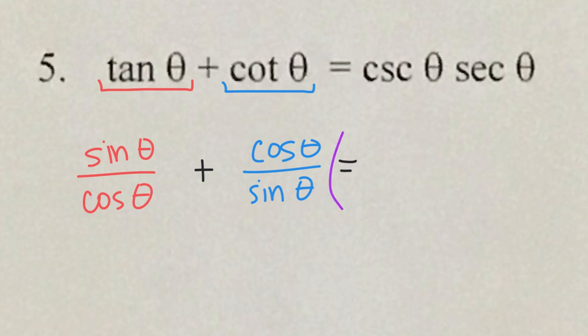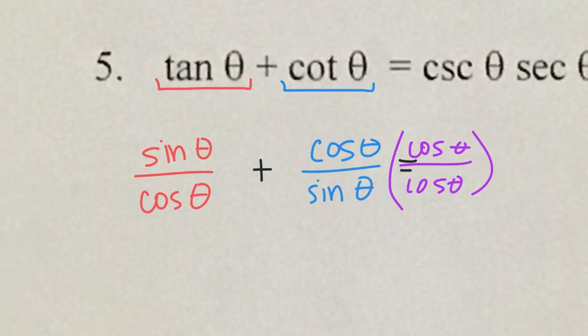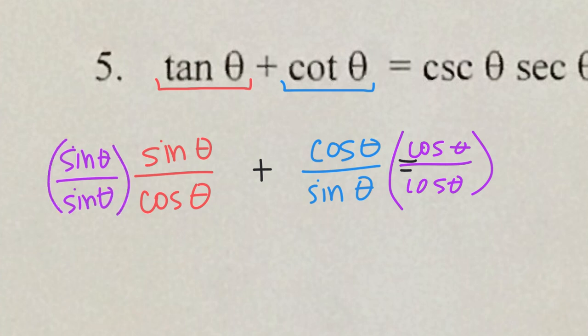So we need to create two fractions with a common denominator. On the right side, I need to multiply by cosine over cosine, because that's the denominator over here. So the left denominator, you multiply on the right side of your fraction. And the right denominator, which is sine, we multiply on the left side. So I multiply the left one by sine over sine, and I multiply the right one by cosine over cosine.